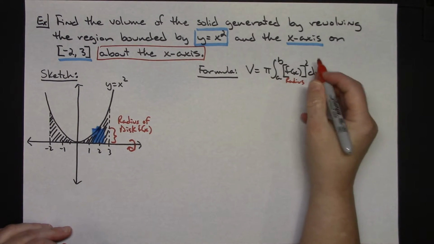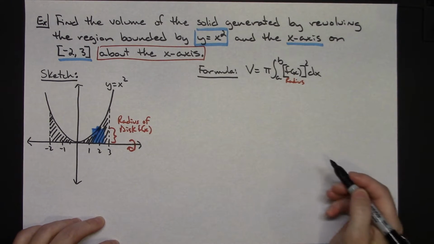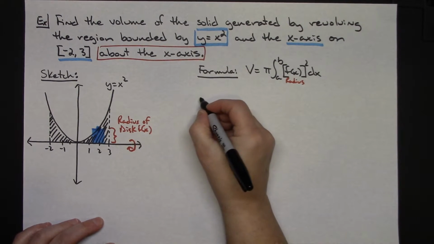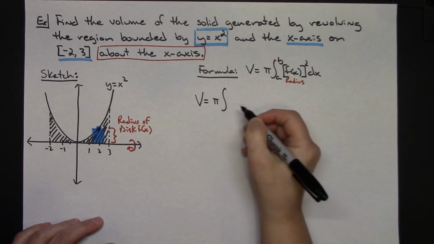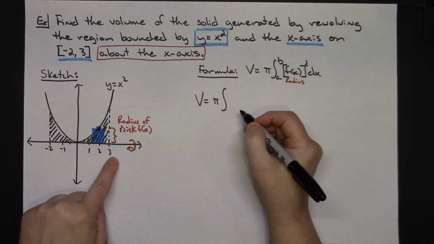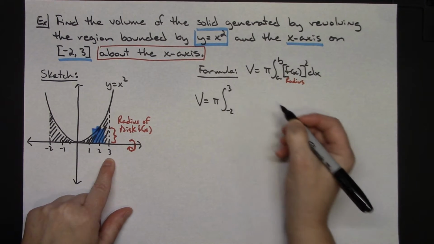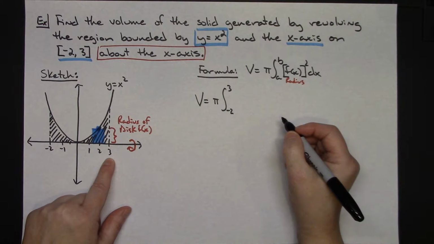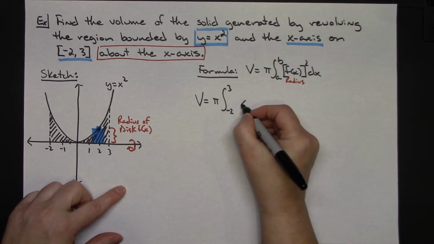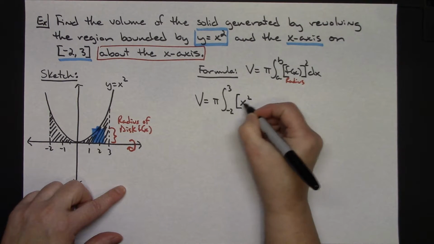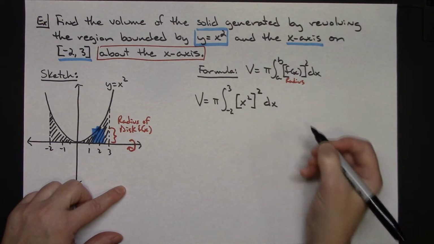The radius squared is the distance from the x-axis up to f of x. So as I begin to work this out, it's pi times the integral from a to b, so -2 to 3, because it's got to come off my x-axis. Everything's in terms of x here. My function is x squared, and the formula says to square that distance, and then dx.